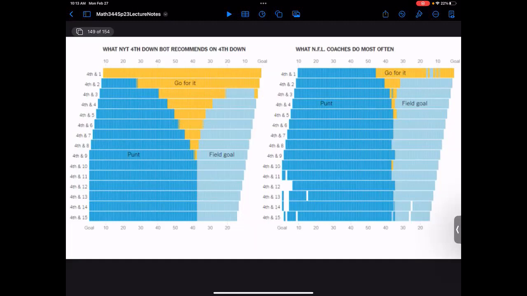And that's something you have to think about in terms of, I want to have enough data so that these things are meaningful. And is there really much of a difference between having the ball on your own 36 or your own 35? It's really pretty similar. But there might be a huge difference between having the ball on your own 1 or your own 3. Right? What's the big difference between having it on your own 1 or your own 3? Risk of safety.